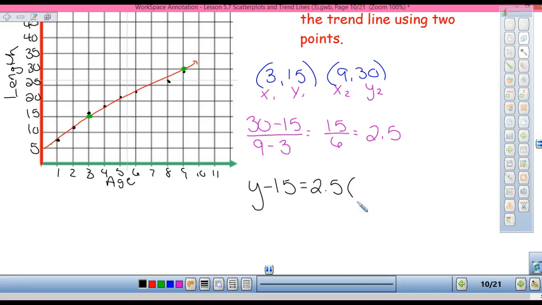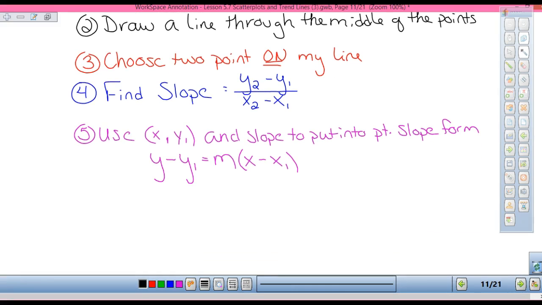If you used different points, you're going to get a little bit different equation, and that's okay. And then x minus x1 is 3, yep. Wait, so we're not going to really be checking it? Kind of, because you're going to be close. Yes, your stuff will be close. Just relax. We'll talk about it here in a second. First, let's get through this.